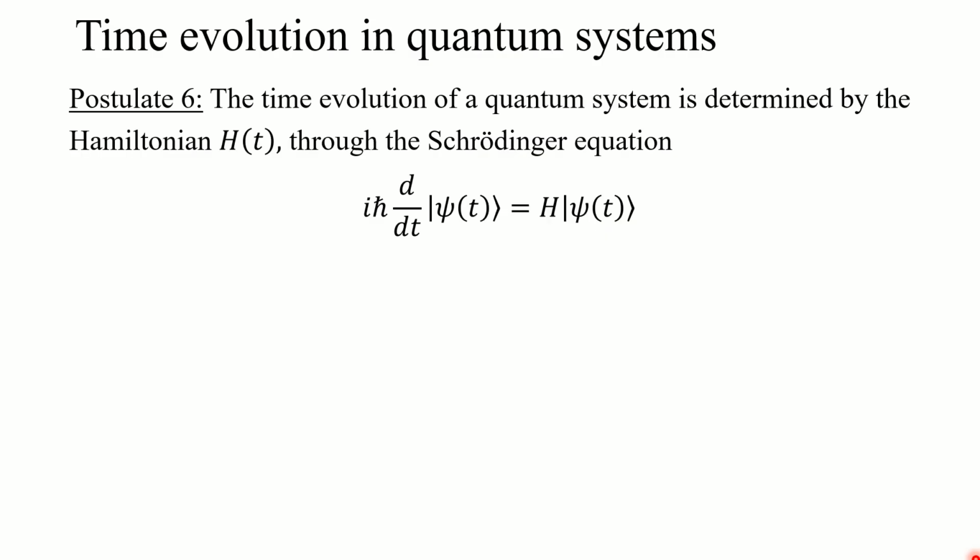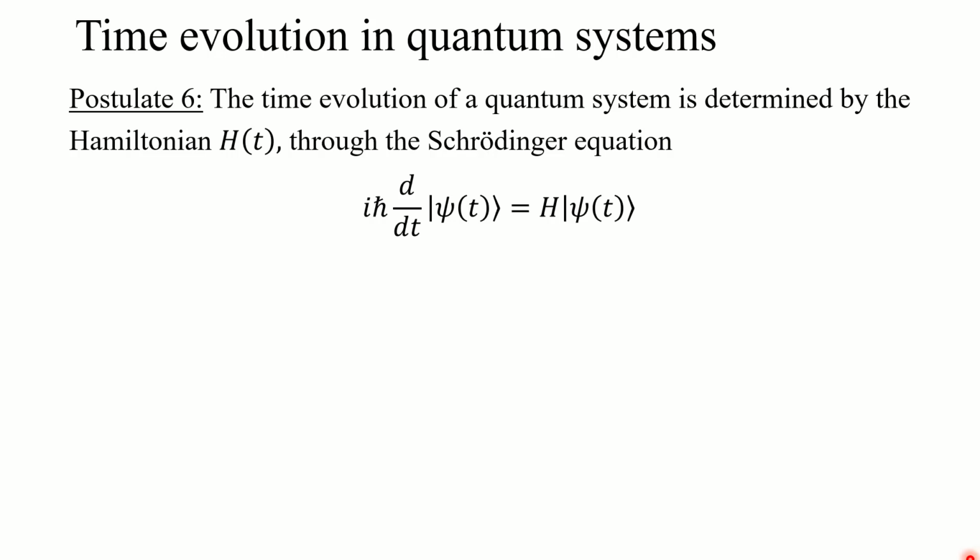In quantum mechanics, we get this from postulate 6, where it says the time evolution of a quantum system is determined by the Hamiltonian operator through what is known as the Schrödinger equation shown here. iħ times the derivative of the state vector with respect to time is equal to the Hamiltonian operator acting on that time-dependent state vector.